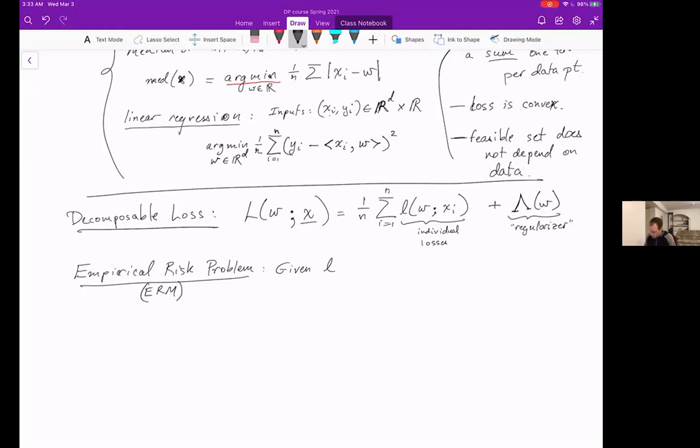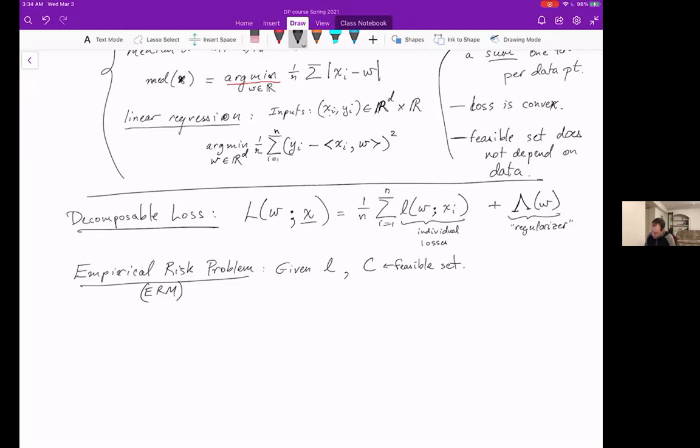So we specify this little function L, and we specify a set C called the feasible set. This is the set over which we're going to be optimizing. These are the set of acceptable vectors W. And optionally the regularizer, but I'll leave that out for now.